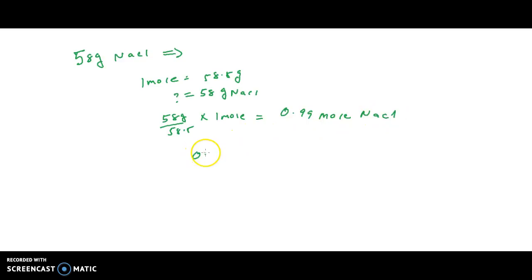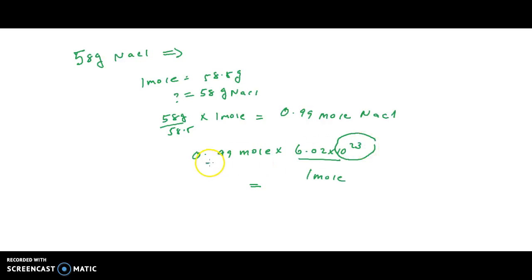And how many molecules are there? Simply, you do 0.99 mole times 6.02 times 10 to the power of 23 divided by 1 mole. You don't have to worry about the units here.